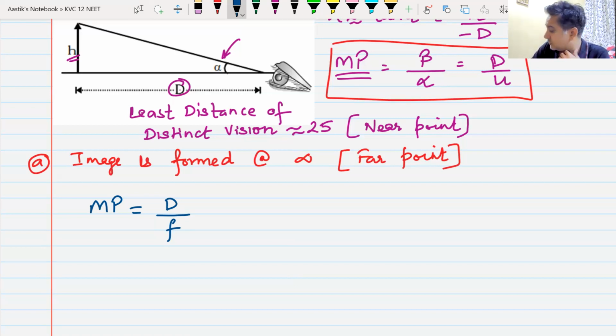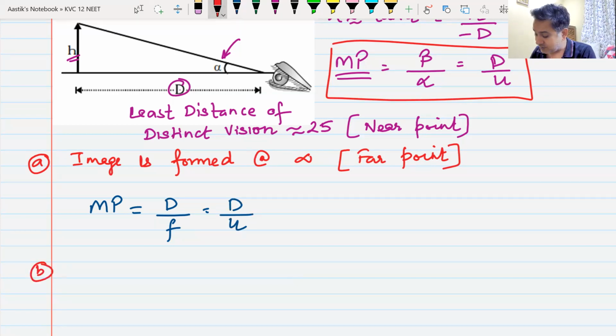D is the least distance of distinct vision. Do we understand this? Yes, sir. To have the image formed at infinity, we must have the object placed at the focus. So d by u, which is the original formula, becomes equal to d by f. Do we understand this?